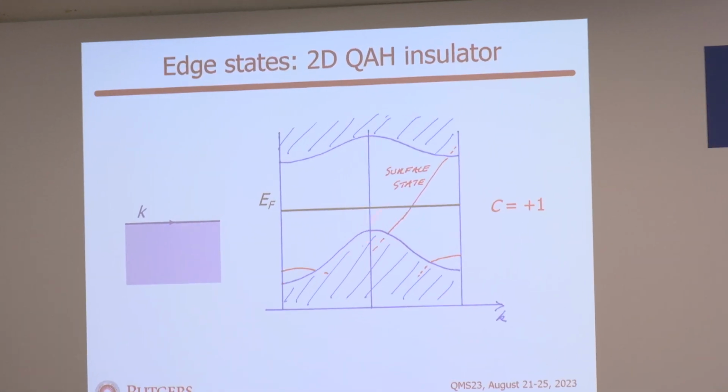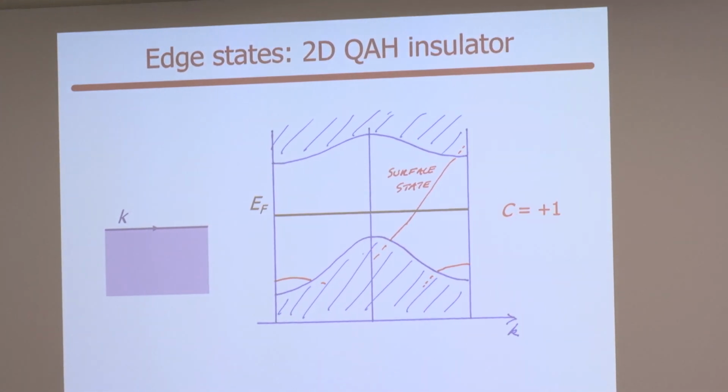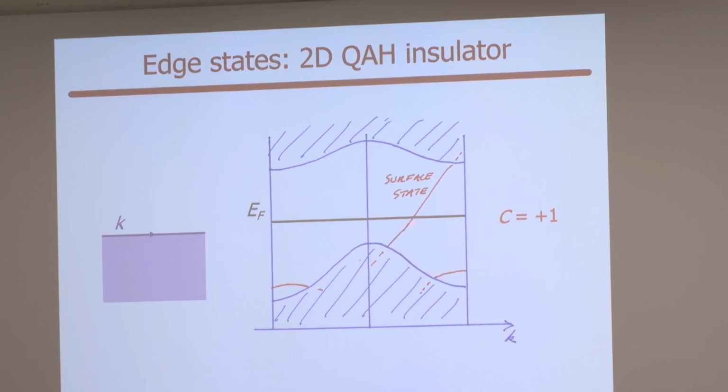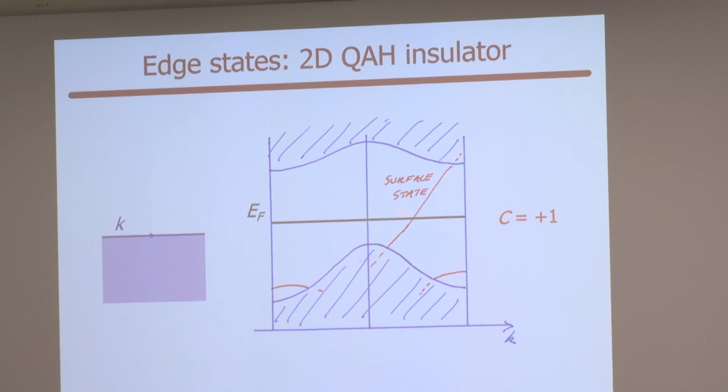This is the chiral edge channel. There's a state where the Fermi velocity is to the right because the slope is positive, and there is no state with a Fermi velocity to the left. So carriers on this surface can only move in one direction and not the other, and so you have a chiral edge channel.